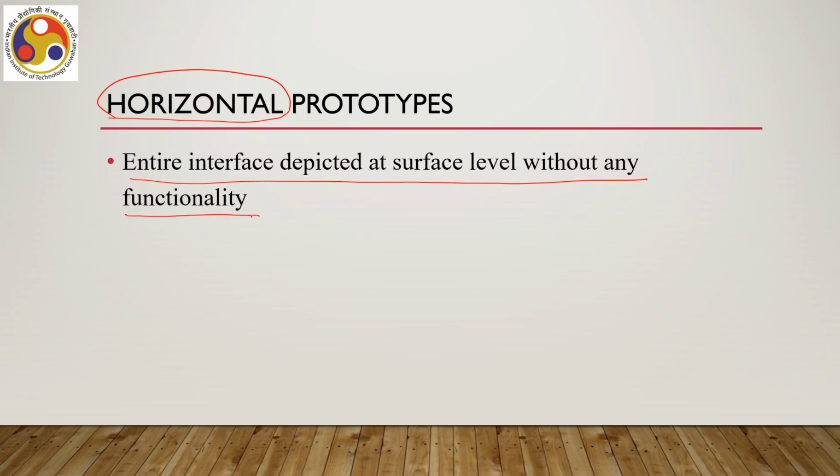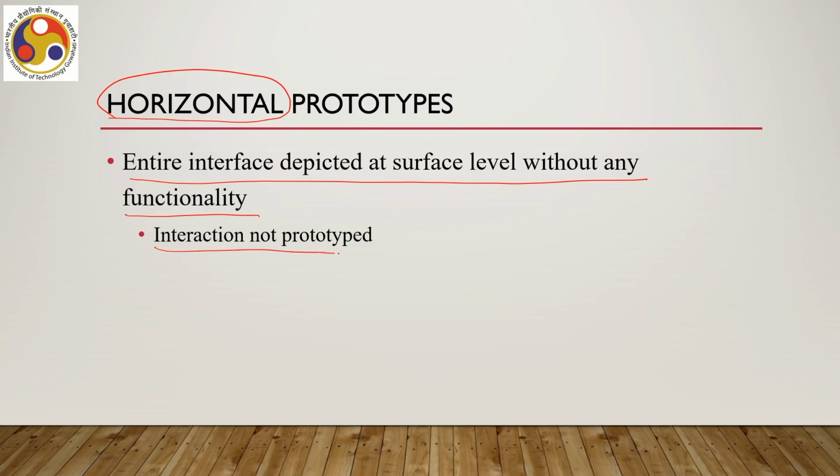So, essentially it shows how the surface appears or how the interface appears to the user, rather than providing any idea about how to interact with the interface. So, essentially no functionality is provided, but primarily the look and feel and the appearance of the interface is prototyped.